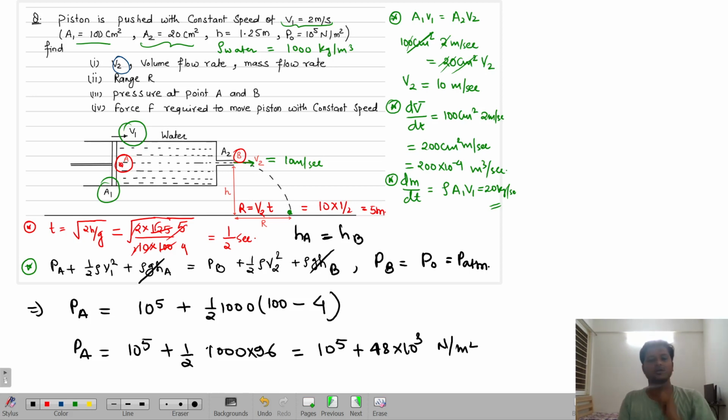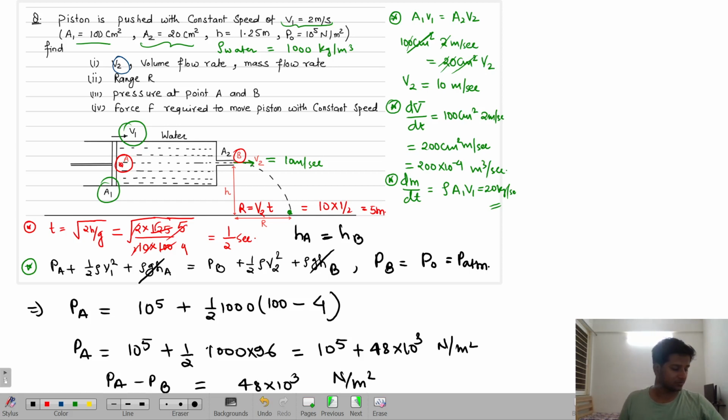Are you able to get me or not? And if we ignore P naught, and want to find the pressure difference, then PA minus PB is nothing but 48 into 10 to the power of 3 Newton per meter square.